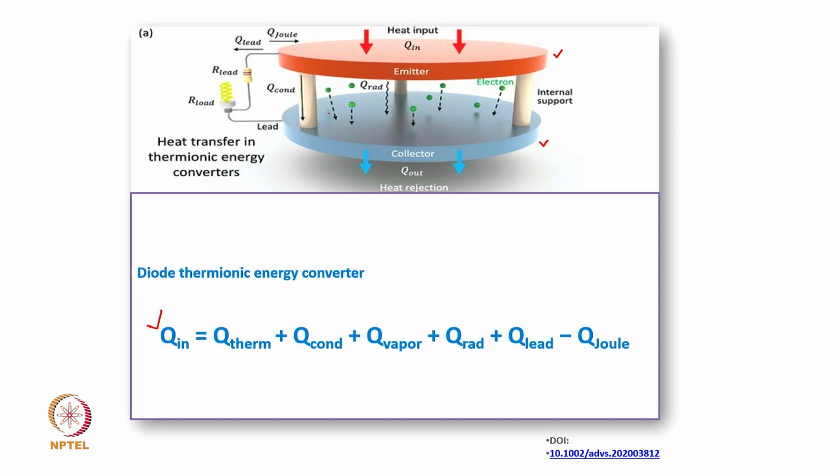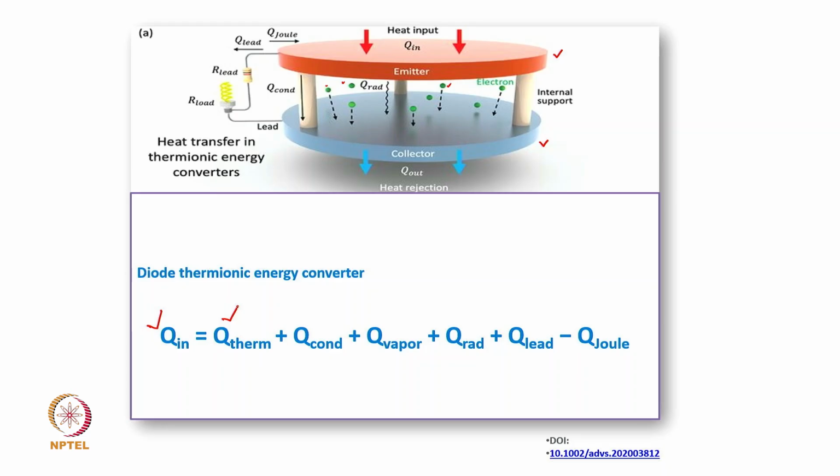You can see these dotted lines and these green spots, they are electrons, and the dotted line is the heat which is carried by the electrons, and we can define it as Q therm. Now they are going to the collector.